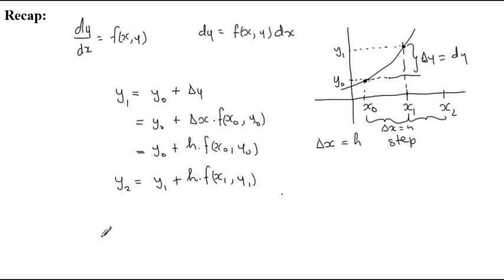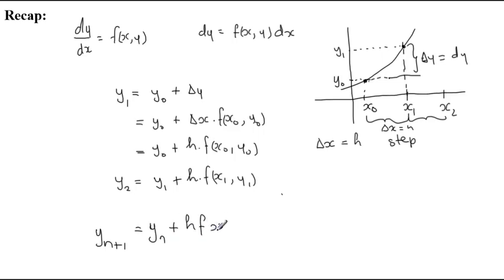So carrying on this process, we can go up to x(n+1). If you need the next value y2, we need the previous value y1. So when we need y(n+1), we would need yn.